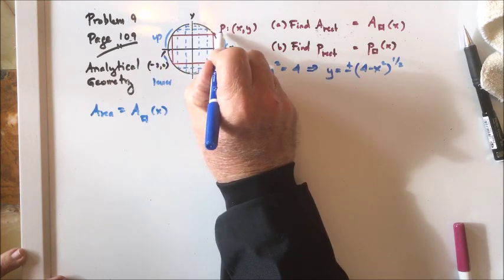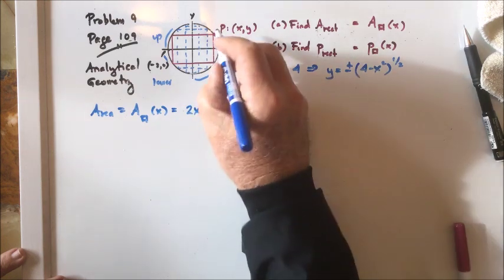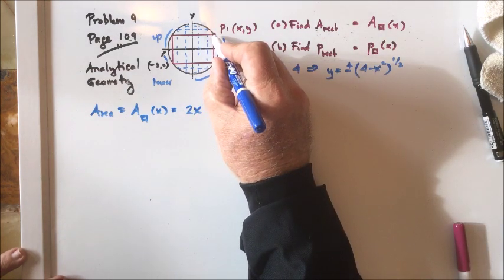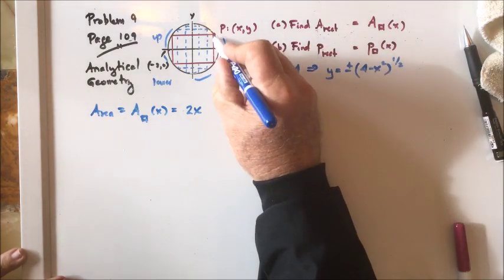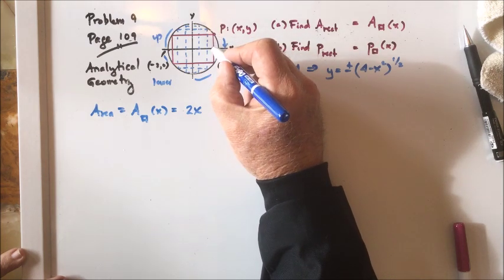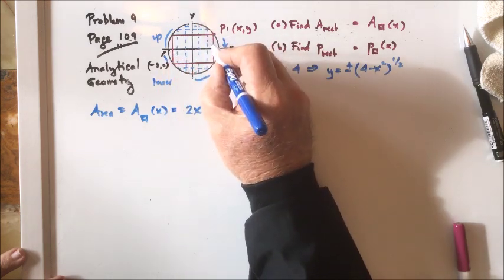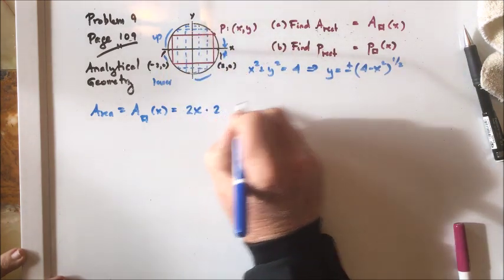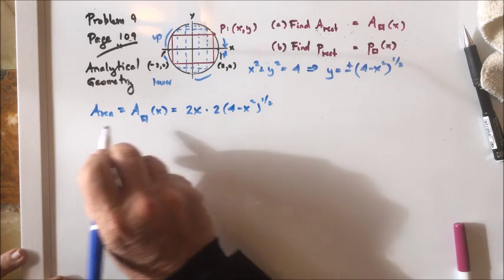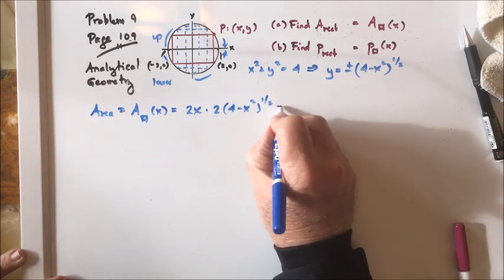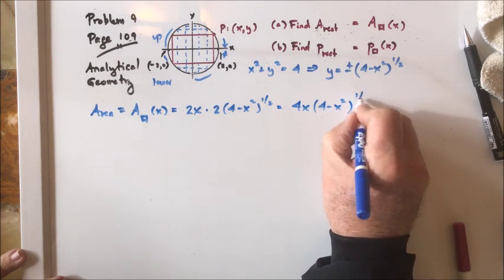So the upper side, given that this is x, is 2x long, and the height is y, and y is (4 minus x squared) to the 1/2, and it's y plus another y. So the length of this side is 2x, the length of this side is essentially 2y, and 2y is 2 times (4 minus x squared) to the 1/2. That makes this area as a function of x equal to 4x times (4 minus x squared) to the 1/2.